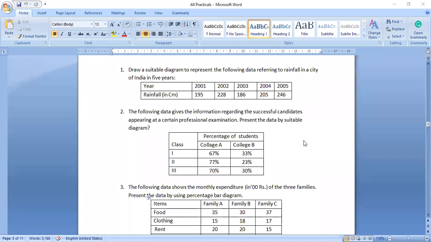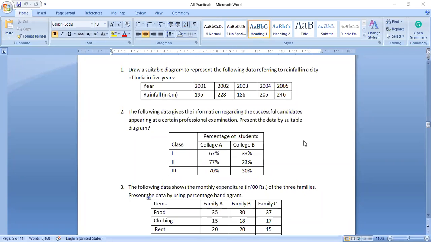I just wanted to know, first of all, which diagram we are going to use for which problem. That is our task. First we need to understand which diagram we have to use. Okay. And then I hope everyone is able to draw the diagram.